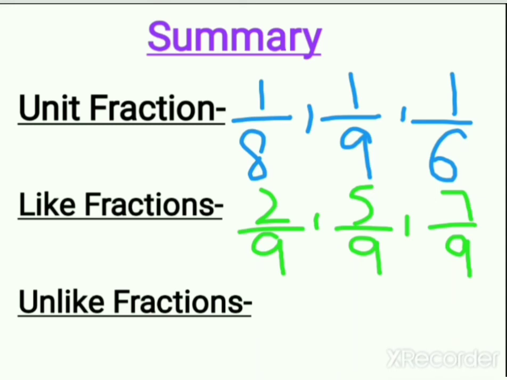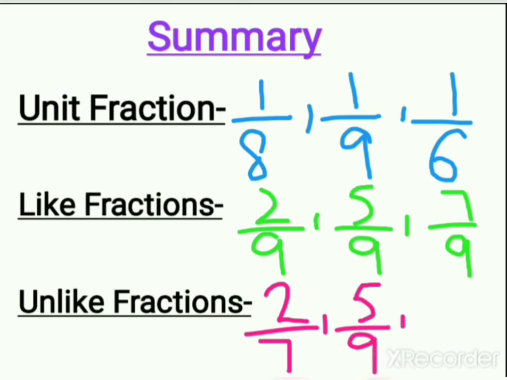Next is unlike fractions. Those fractions in which denominators are different are called unlike fractions. For example, 2 by 7, 5 by 9, 3 by 6. In these fractions, denominators are different. So these are the example of unlike fractions.